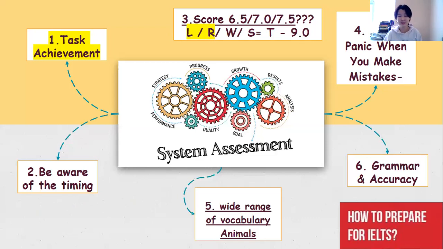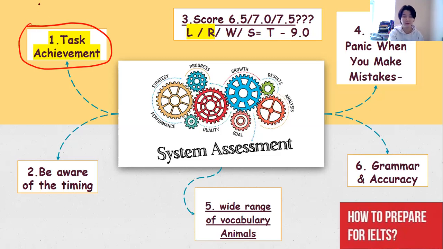So here's the assessment system. What I would like to cover here is a bit general, still it is relevant. The first thing is task achievement. As you see here, task achievement is a very important part of this test.